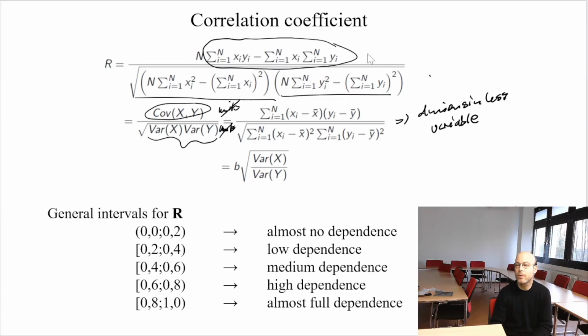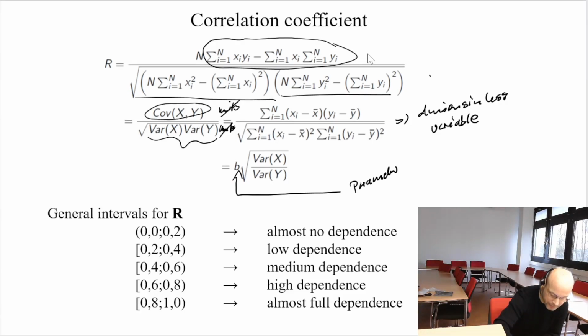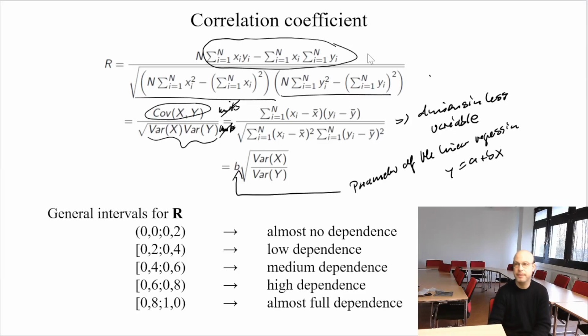And we can also show that this dimensionless variable is directly connected with the parameter of the linear regression. This was the parameter of the linear regression, y = a + bx.